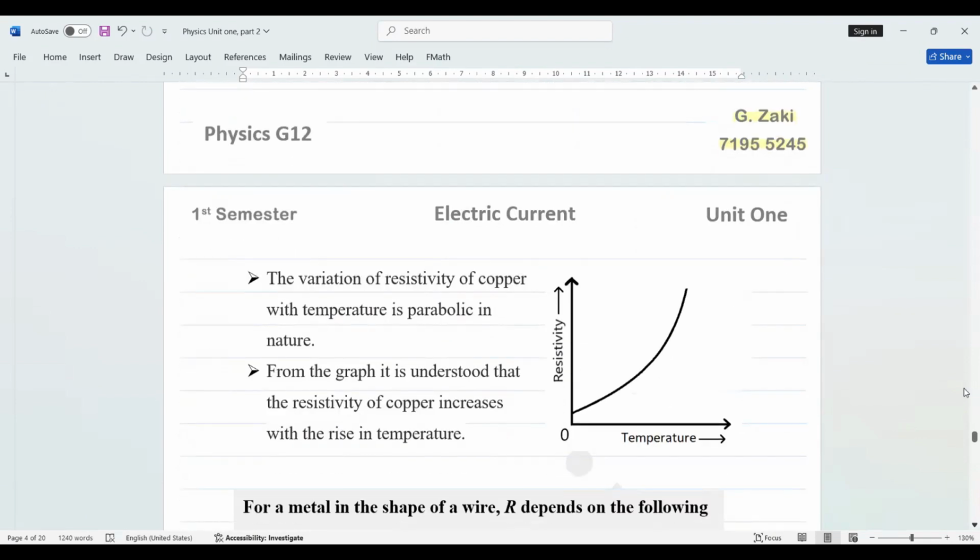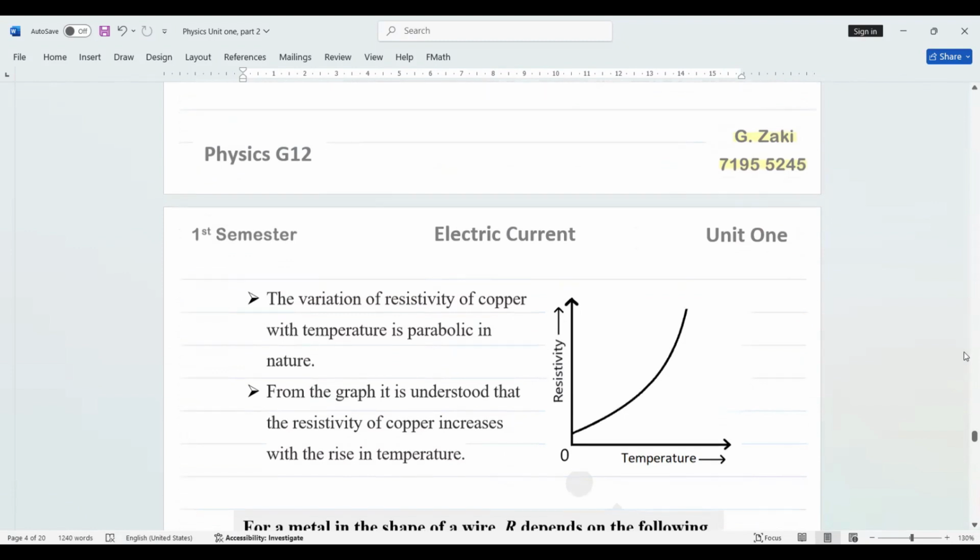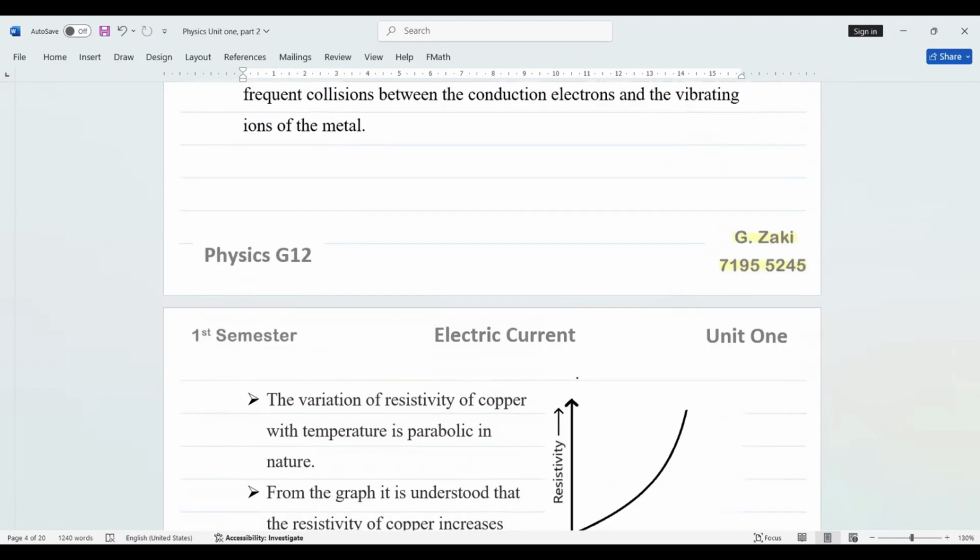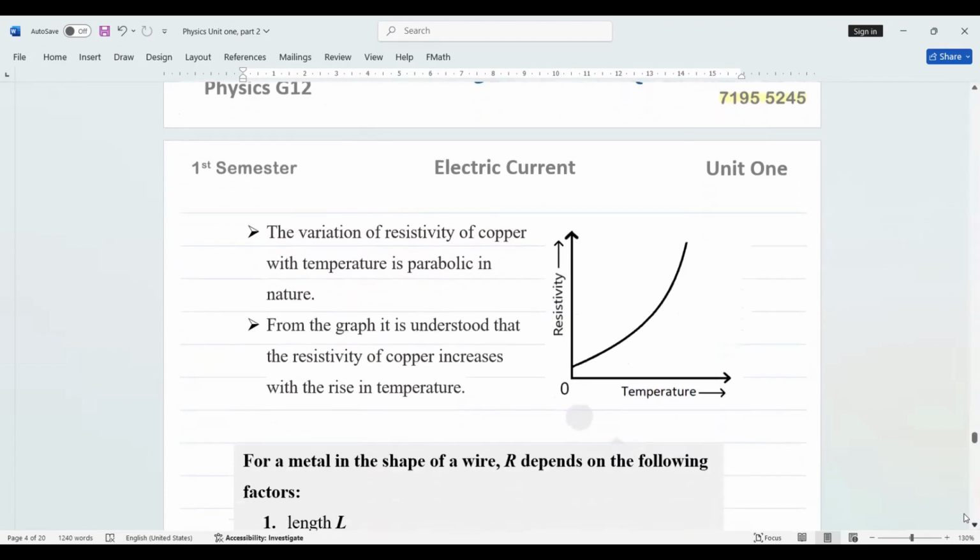So remember the resistivity and temperature, and resistance and temperature, of a conductor or metal. Now, this is the resistance and this is the temperature in Celsius, and this is the resistivity and this is the temperature. Both of them are a straight line but do not pass through the origin. So this is the relation between resistance and temperature, and also resistivity and temperature.